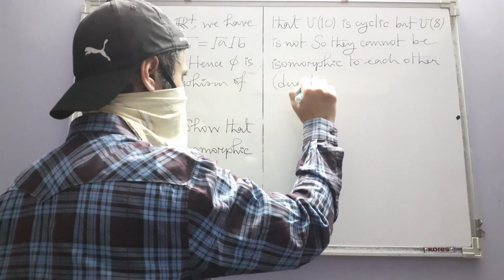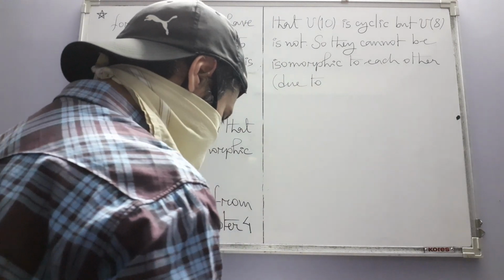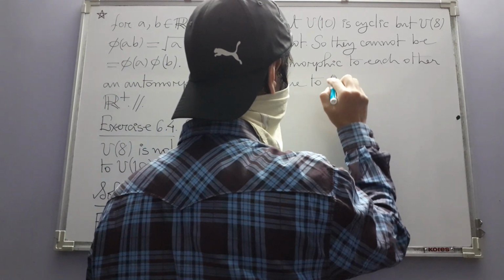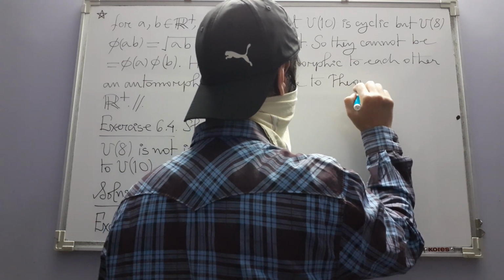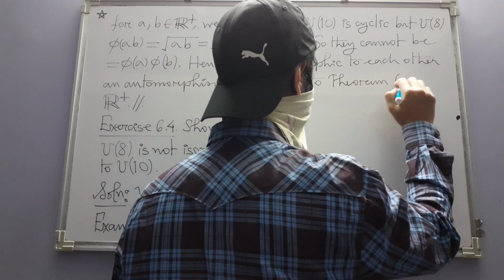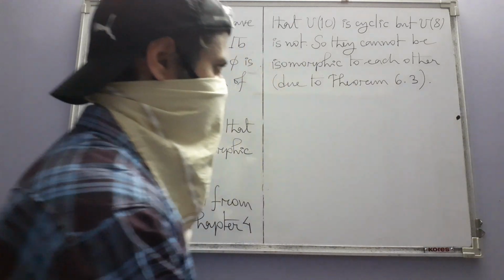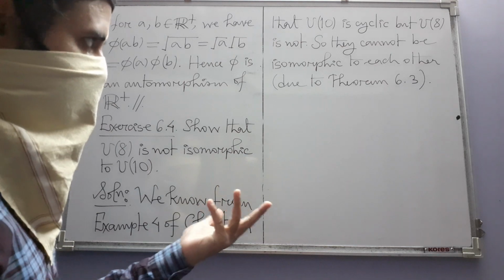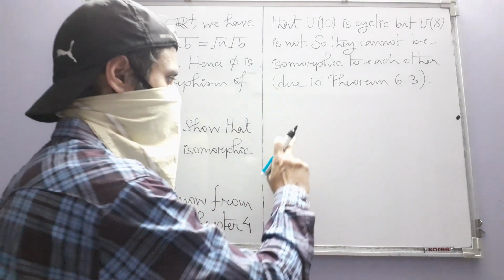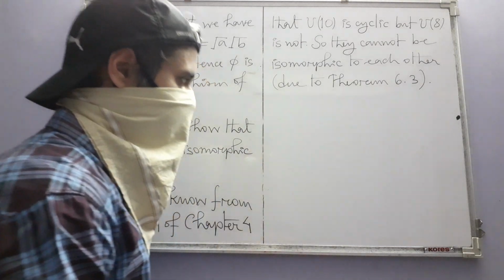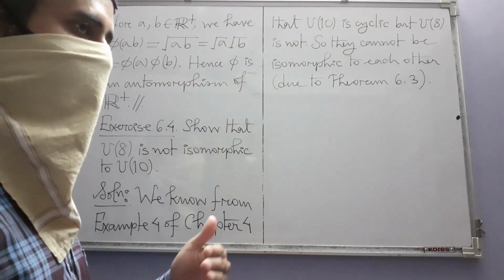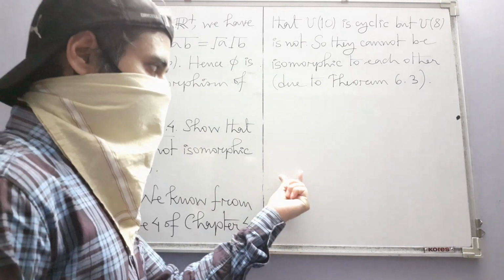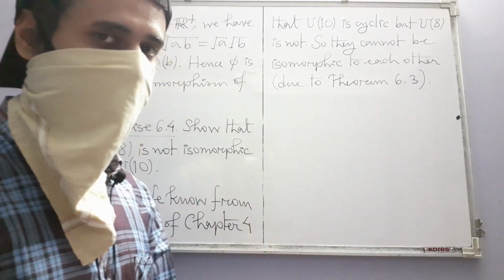The reason is this result, theorem 6.3. Because that theorem of course has some subdivisions. In one of them, the statement is just this: if you have two groups G and G bar and there is an isomorphism of G onto G bar, then if G is cyclic, then G bar also has to be cyclic.